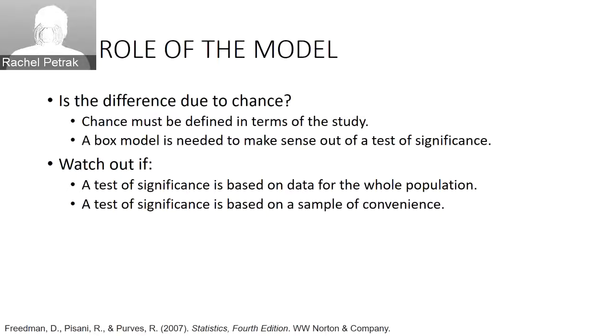Make sure to watch out if your test of significance is based on data for the whole population. For example, with whole population data, like census data, the results of, say, a z-test aren't valid, because the census includes all of the people in the population. You can get information that's relevant for, say, correlation and regression, but it's harder.